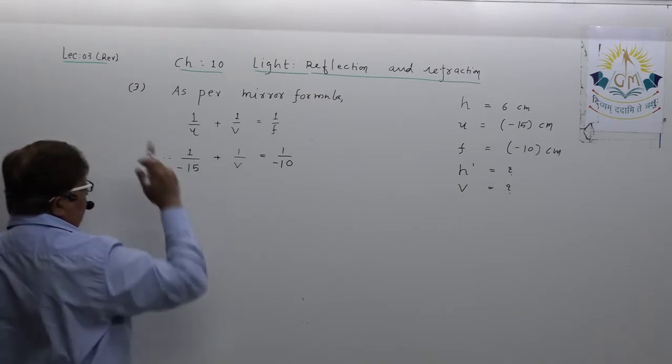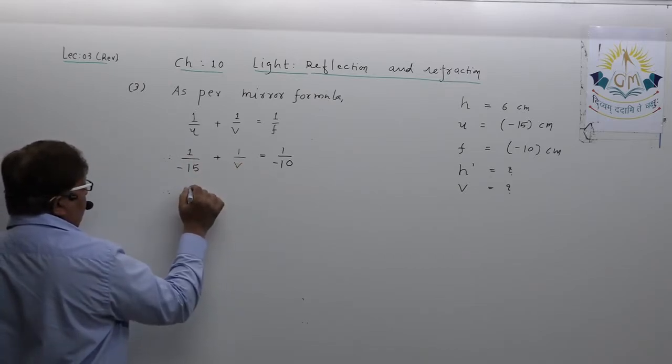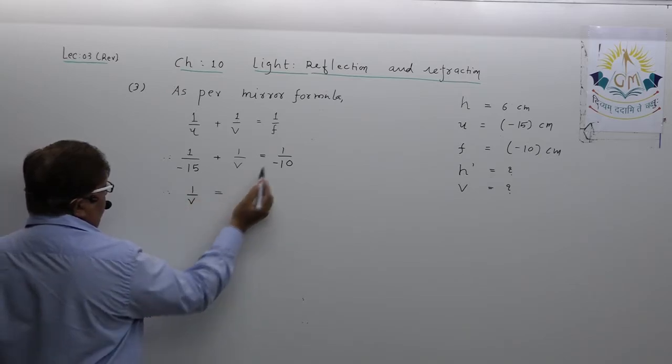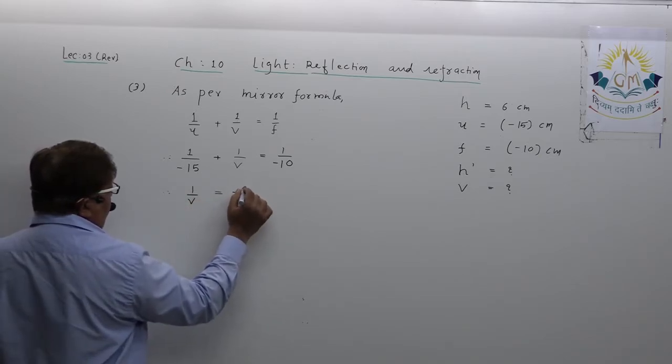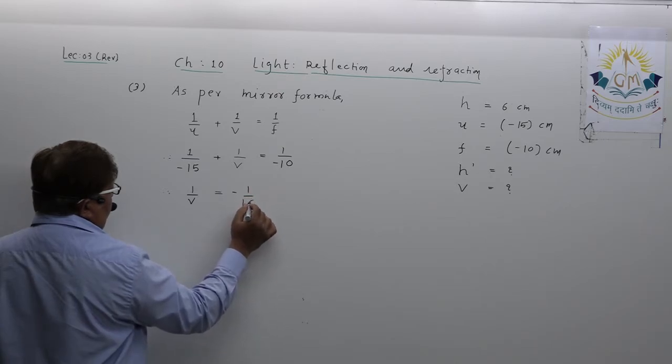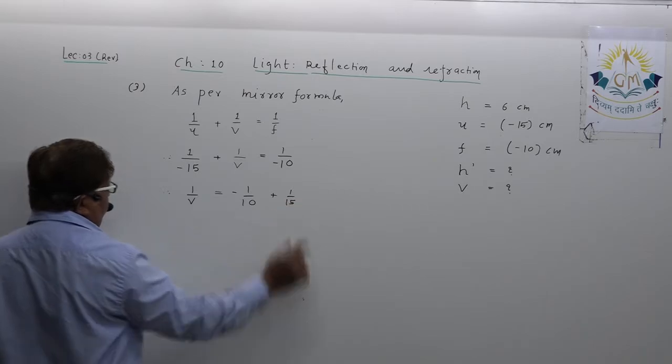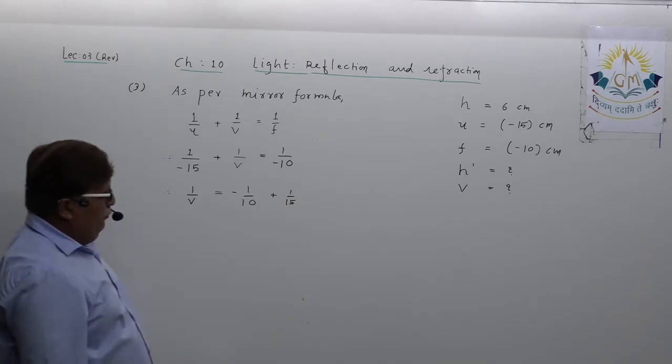Okay, now dear student, let us transfer: 1 upon v equals minus 1 upon 10 plus 1 upon 15.